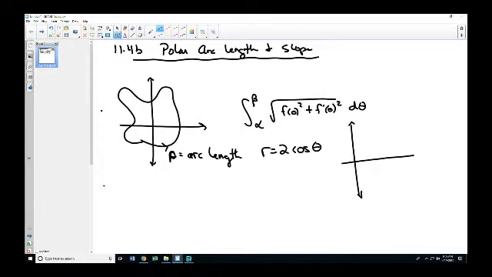Remember, cosine is related to the x-axis, right? So here's your circle. Now, is there a very easy way to find the circumference of that circle? Yes, there is. 2 pi r. Okay. So now, if you get something like this, that's the way I would go. It's the easy way to do it.